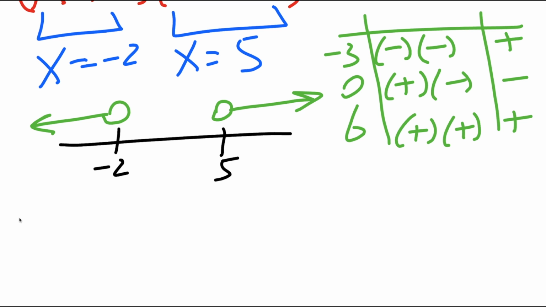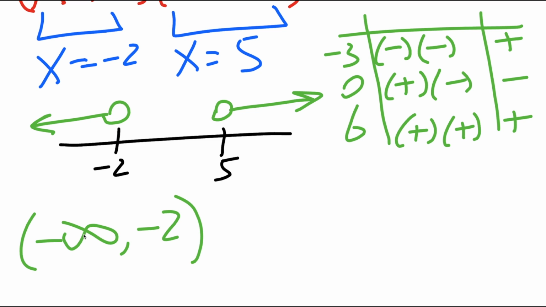To write our answer, you could say parentheses negative infinity, comma negative 2, close parentheses. The reason we're using parentheses is that at negative infinity, you can never get to infinity. And the reason for the parenthesis at negative 2 is that it's going to be 0, not greater than 0, so it's not included.